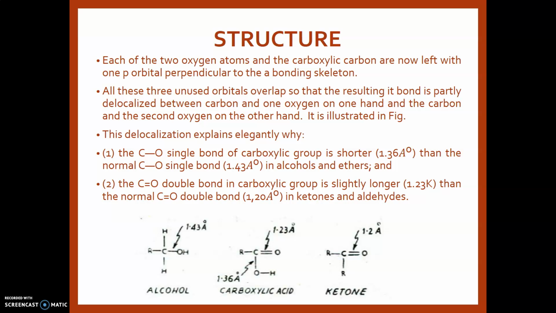The C=O bond in a carboxylic acid is slightly longer, 1.23 angstrom, compared with the normal C=O bond of 1.20 angstrom in ketones and aldehydes. So we get a difference in the particular bond strength in each of alcohol, carboxylic acid and ketone, and due to that, they give different properties.